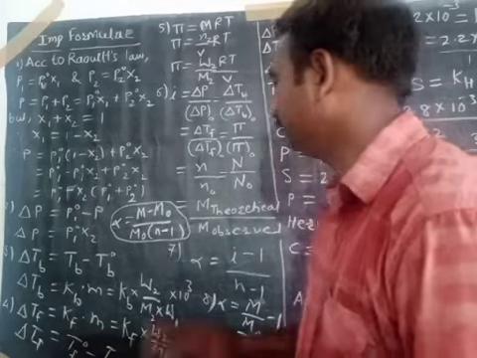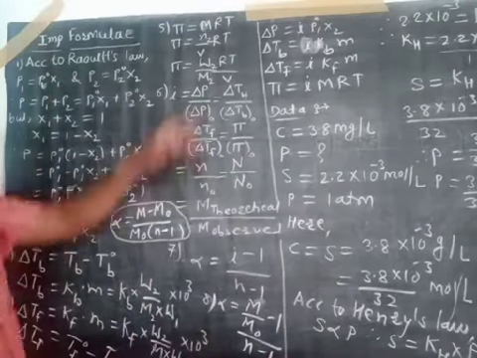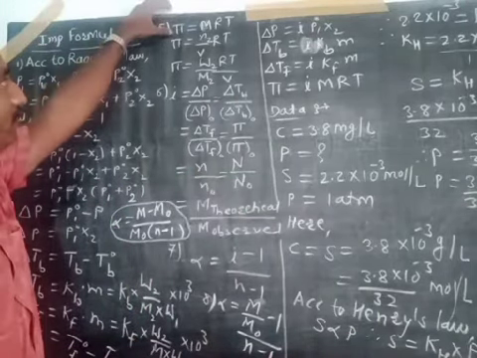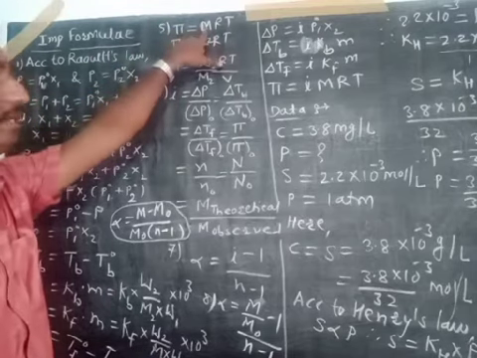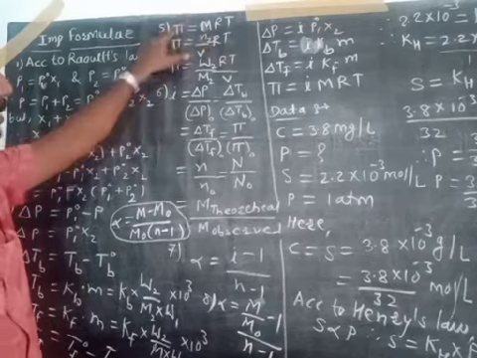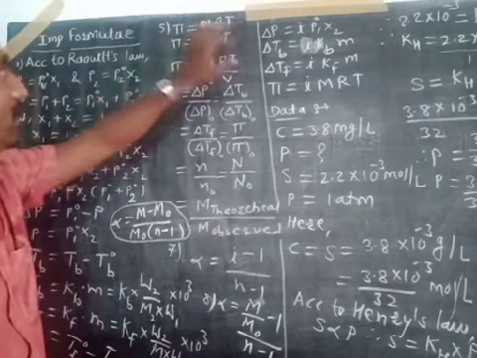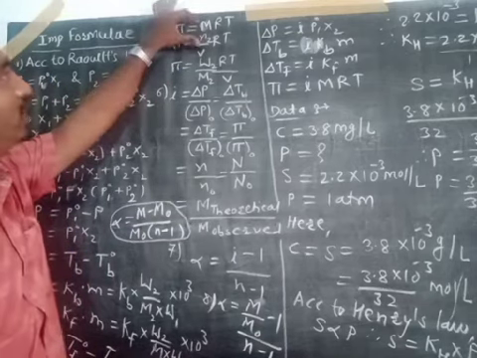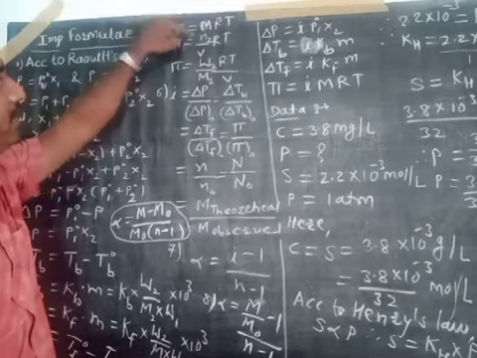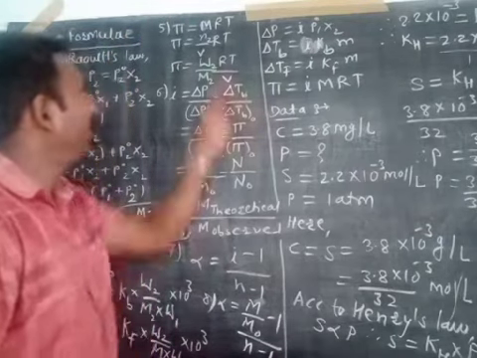Now the fourth colligative property is osmotic pressure, and as per the osmotic pressure derivation, pi is equal to mRT, where m stands for the molarity or the concentration. R is the universal gas constant, T is the temperature, and pi stands for the osmotic pressure. But molarity or concentration can be written as N2 upon V, where N2 is the number of moles of solute and V is the volume.